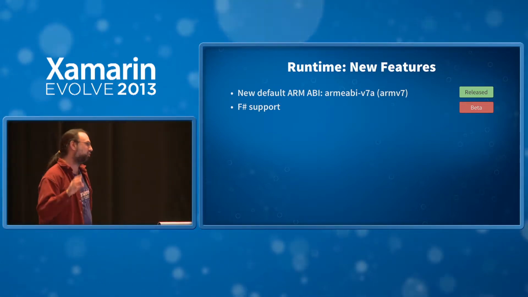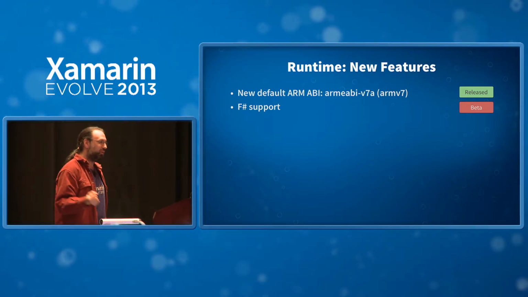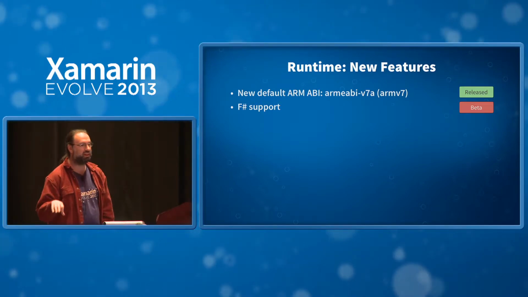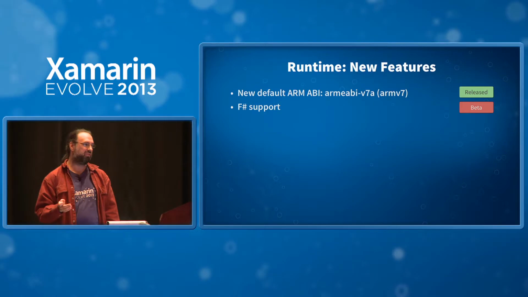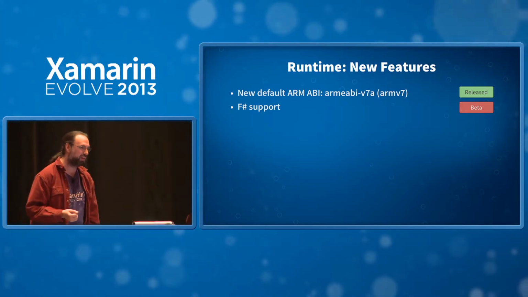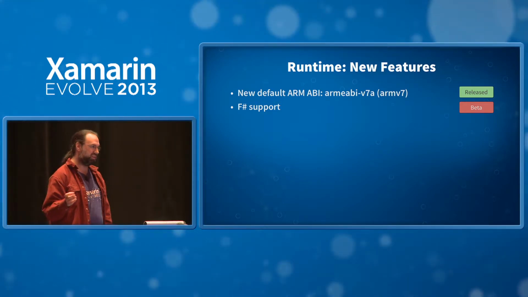My workarounds didn't work. So we changed the default for the sanity of everyone, because if you've looked at least in this country, even the free phones that you get on contract from Verizon and AT&T and everyone else, those are all SMP devices now. Those are all ARM v7 devices now.